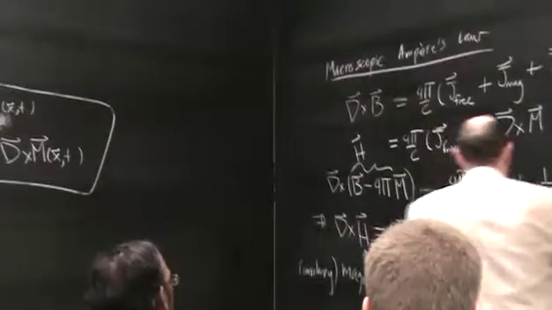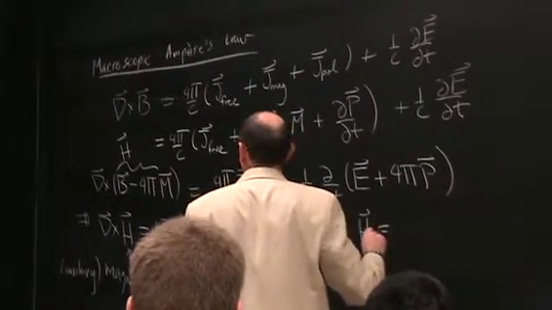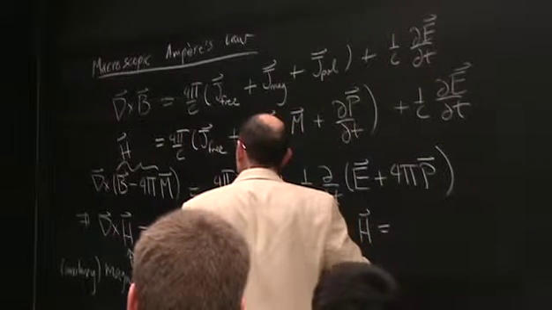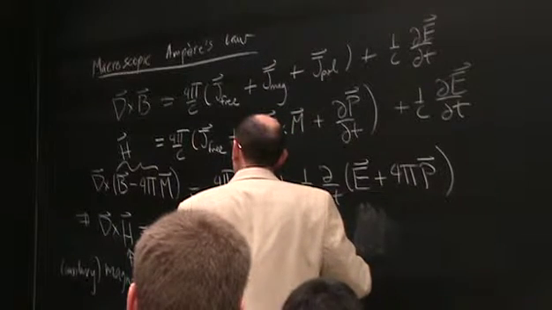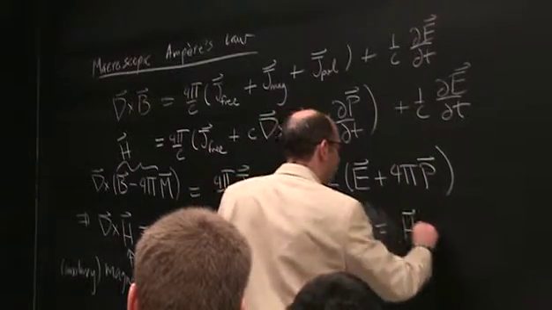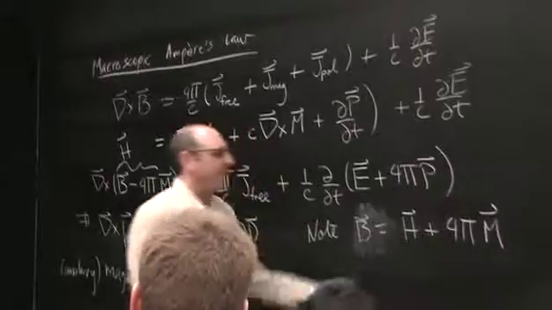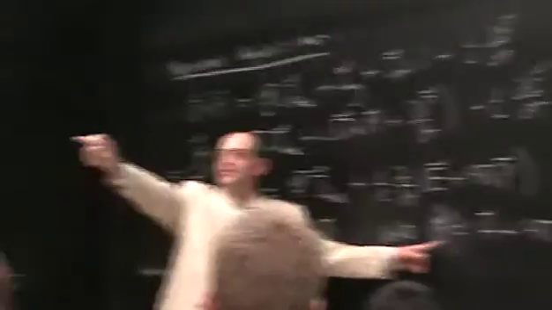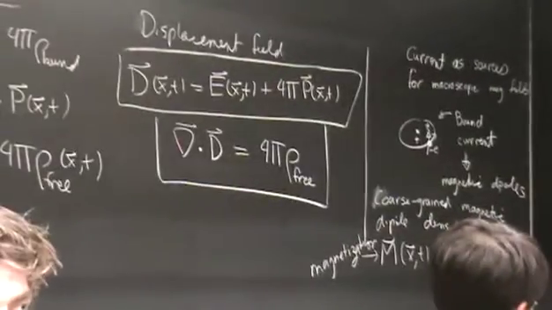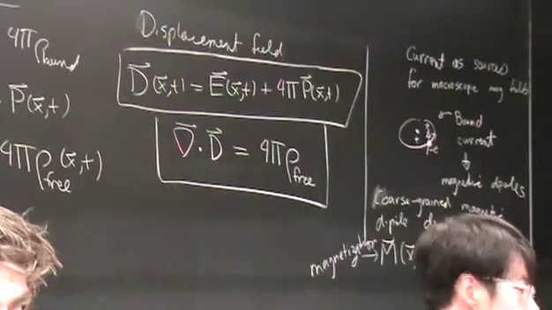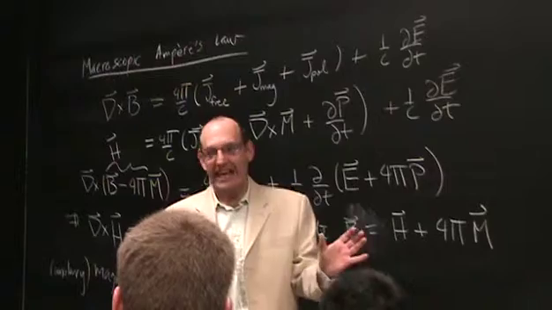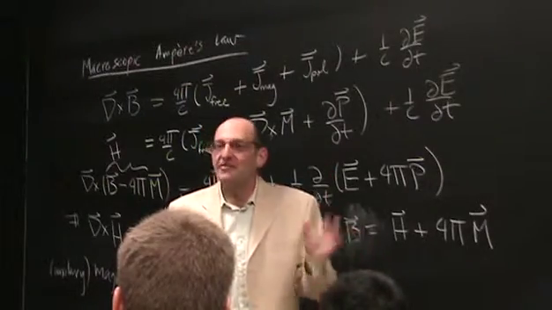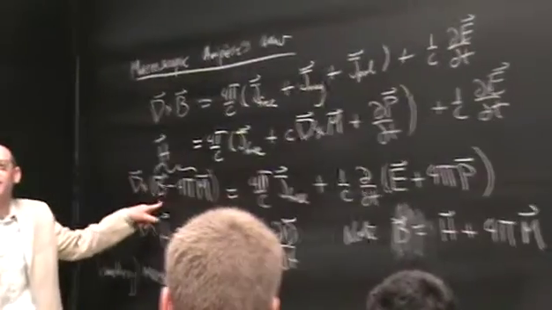Note here that B is equal to H plus 4 pi M. That looks more like D is equal to E plus 4 pi P. So in some sense, the equations look more parallel between E and H and D and B. But physically, the Lorentz force on a charge is due to B, not H. So that's why in physics, we always talk about B as the magnetic field.